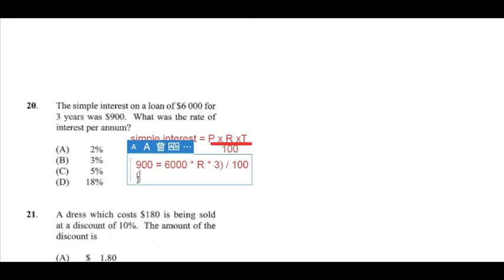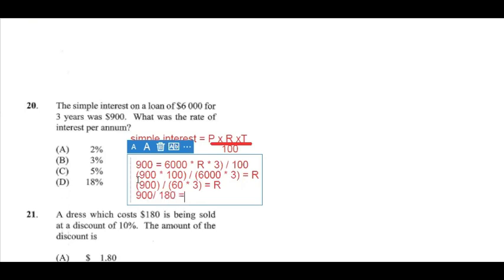So now making R the subject of the formula, it is 900 multiplied by 100, and all of that is divided by 6,000 multiplied by 3, and that is equal to R. So we can cancel zeros from the 6,000 with zeros from the 100, and that will leave us with 900 divided by 60 multiplied by 3 equal to R. So therefore 900 divided by 180, and that is equal to R. So therefore R is equal to 900 divided by 180, which is 5.